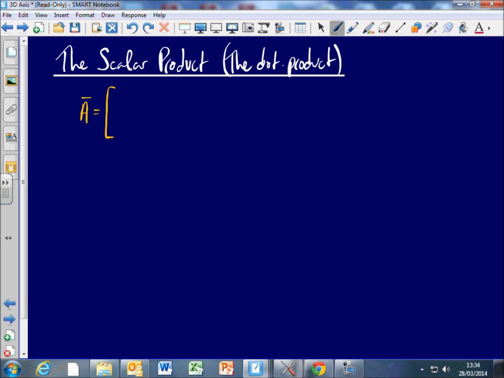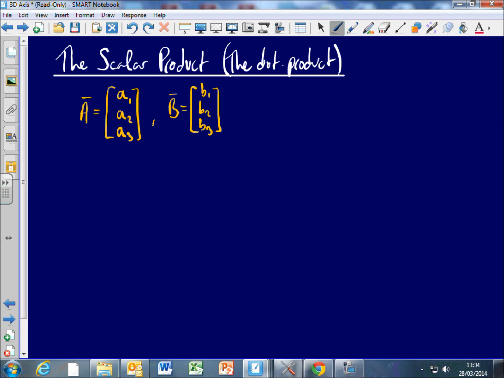I'm just going to label them up, A1, A2 and A3. So some numbers associated with the A vector. And then we've got a B vector as well. And this is going to be B1, B2 and B3.